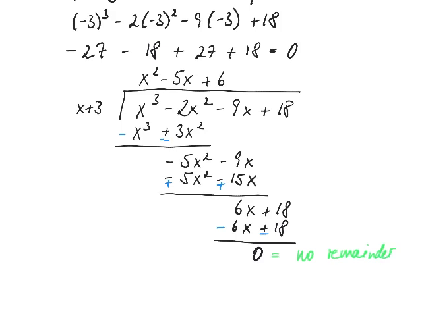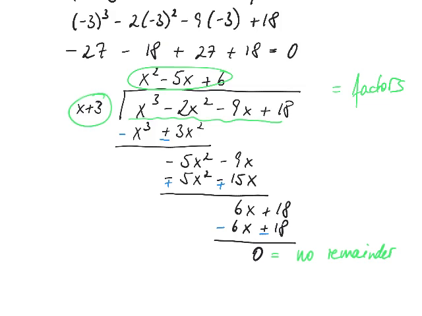And if we have no remainder, that means these are factors of this, i.e. they divide evenly into this equation without a remainder.